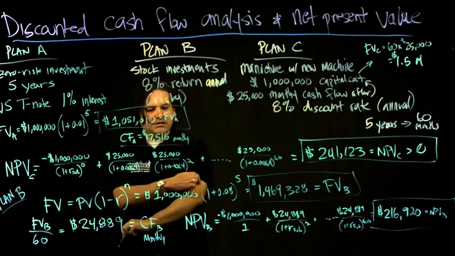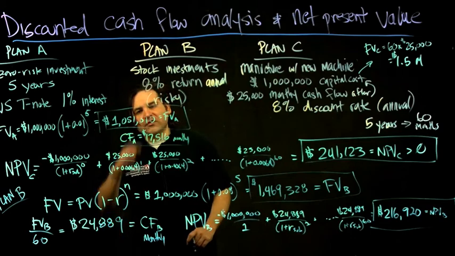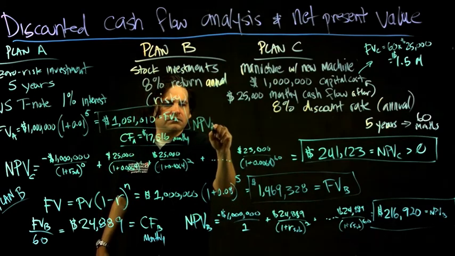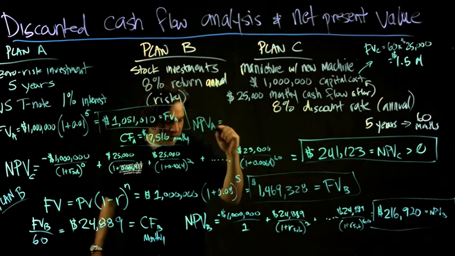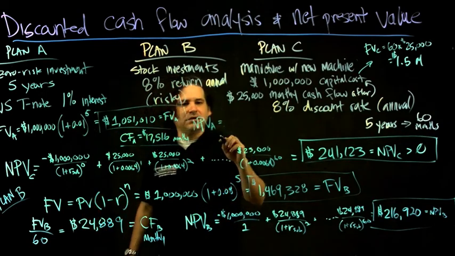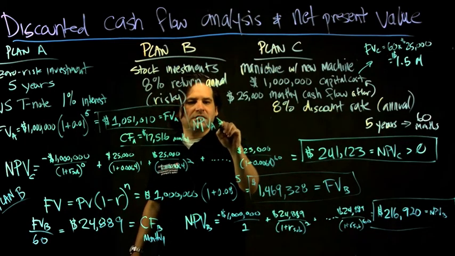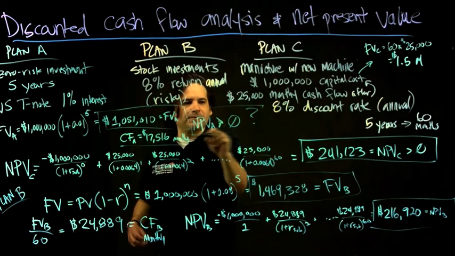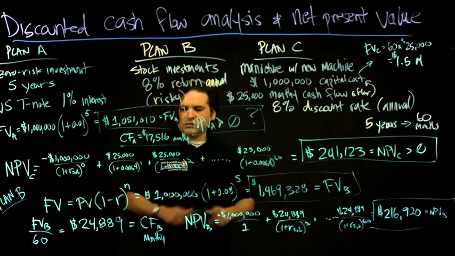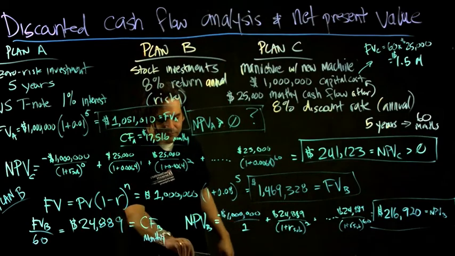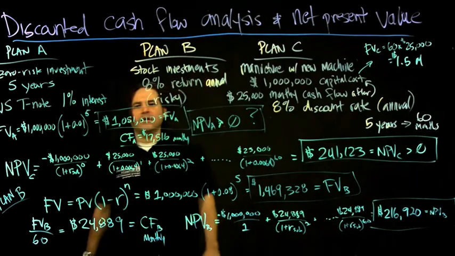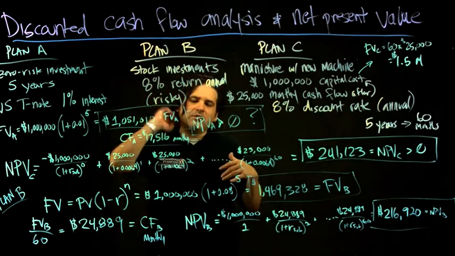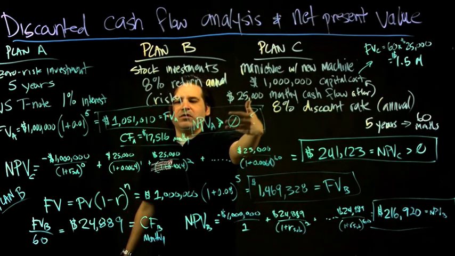The question is, what is the net present value of A? I don't have the number, but I think it's negative. The question is, is the net present value of A even 0? I don't think it is. So even though you'll make some money over 5 years, accounting for this discount of 1%, is it even worth it to do that?